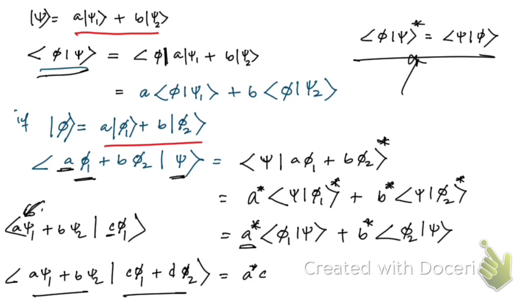As you can see, here we have the coefficient a, and here we have put star. Now you can consider it this way, that in place of psi we have now this c phi 1, and in place of phi 1 we have a psi 1. Then you can use this result. So hope you have understood this.